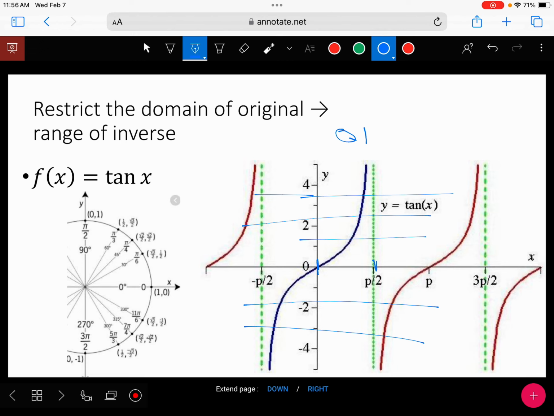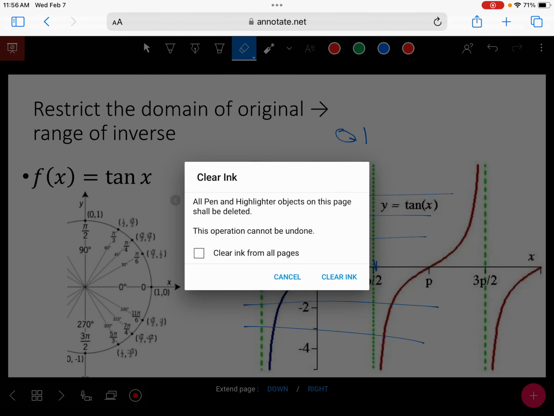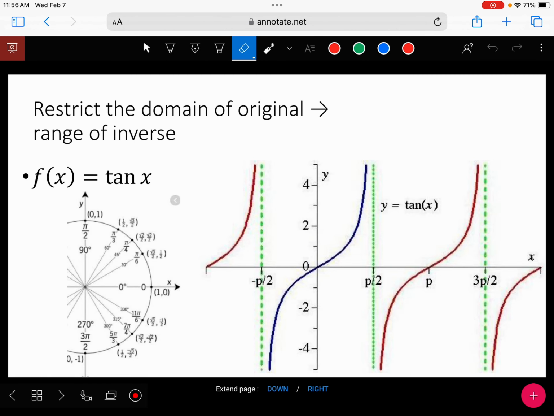But there's actually one more component of being one-to-one that we include when we're looking to restrict our inverse trig, and we want our domain or our x values to be continuous. Now there can be a vertical asymptote on the boundaries, but we don't want a vertical asymptote right in the middle of the two quadrants we're looking at. So we're looking at quadrant 1. Do you think we're going to go for tangent back to quadrant 4 or forward to quadrant 2?